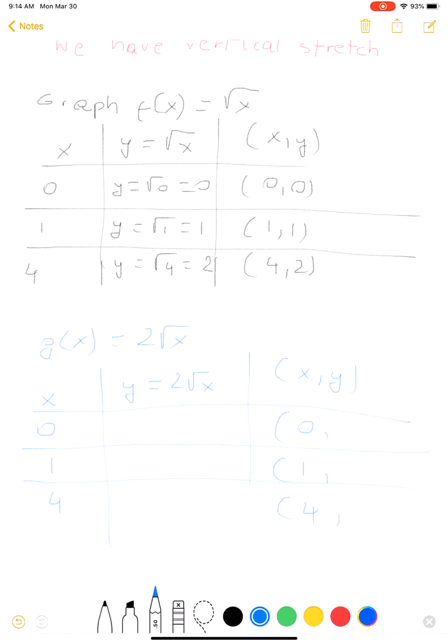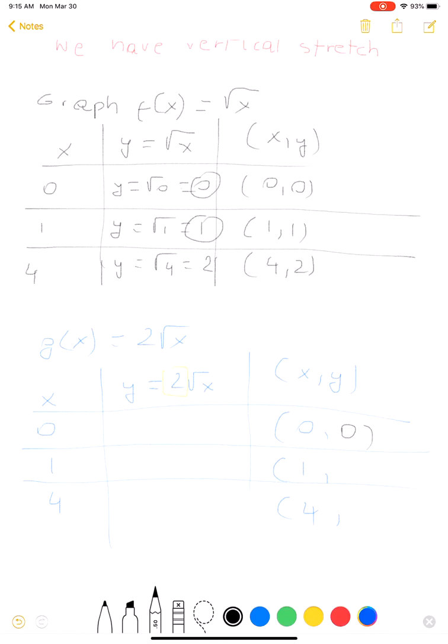Now, with vertical stretch, what happens? The original y values of your original function, since we already know at least 3 points of the original graph, we just use them and multiply them by 2, because 2 is our vertical stretch coefficient. So to get the y value, I take 0 and multiply by 2, so I end up with 0. For our next point, originally we have 1.